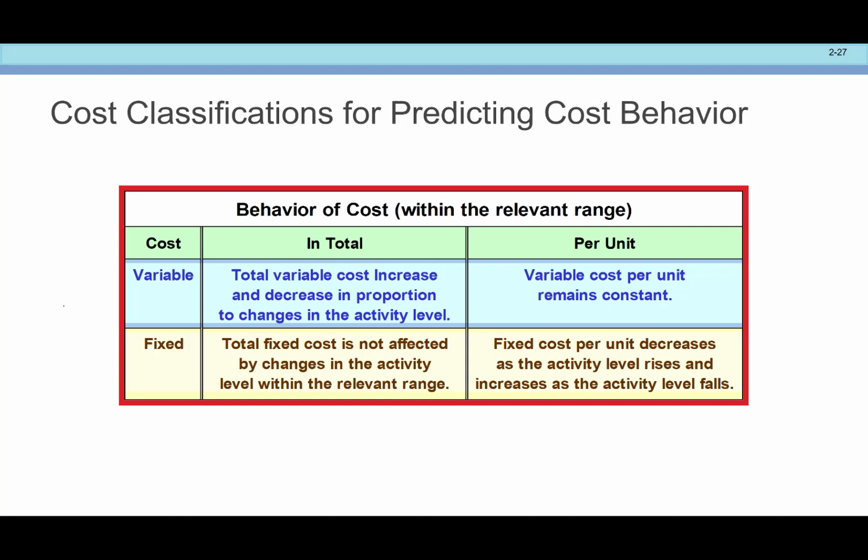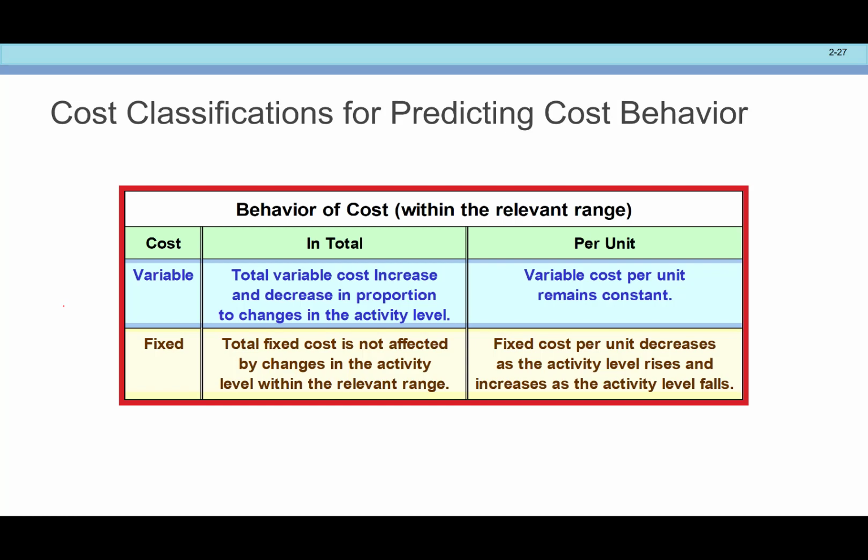If you look at your variable cost, your variable costs in total change with the level of production, don't they? Right? Okay? Your fixed costs stay the same regardless of the level of production, don't they?